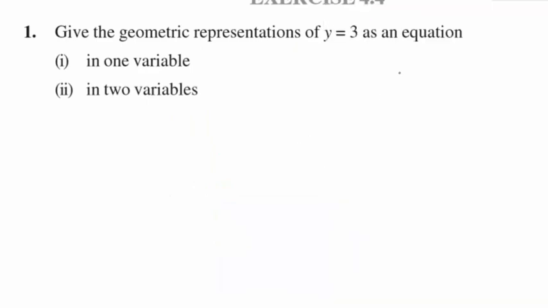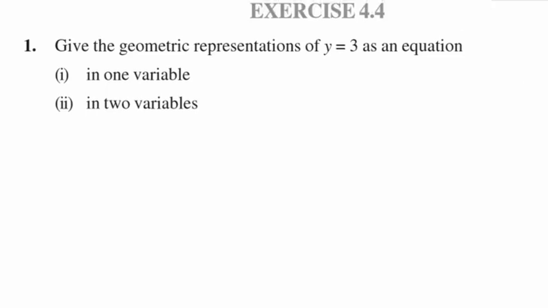Now the first question of our exercise 4.4. The first question of exercise 4.4 is: give the geometric representation of y equals 3 as an equation in one variable and in two variables. Now in one variable, the point is represented on a number line, whereas in two variables this is represented on the Cartesian plane.